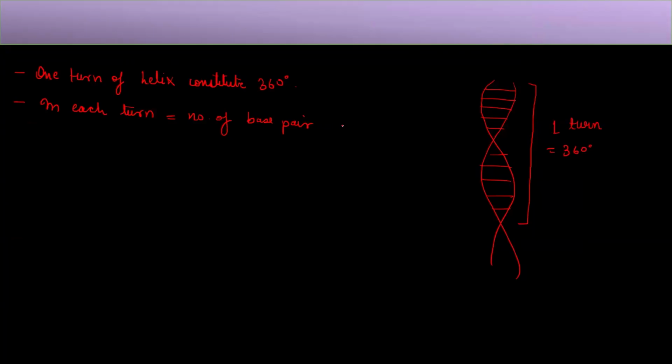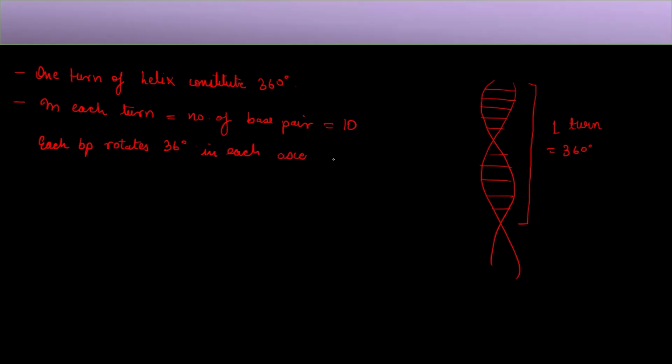So if the number of base pairs in 360 degrees is 10, then at what angle does one base pair rotate? So each base pair, which I am representing by BP, rotates 36 degrees in each ascent.